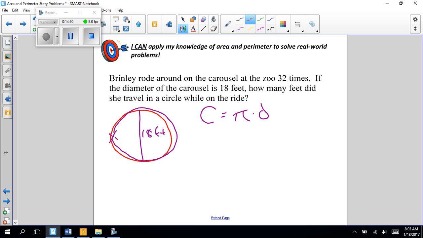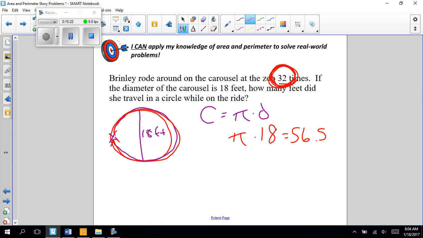All right, so I know that diameter is 18, so I'm doing pi times 18. That tells me that the circumference, if I do that on a calculator, is 56.5. That tells me if she goes around this circle one full time, she's traveling 56.5 feet.